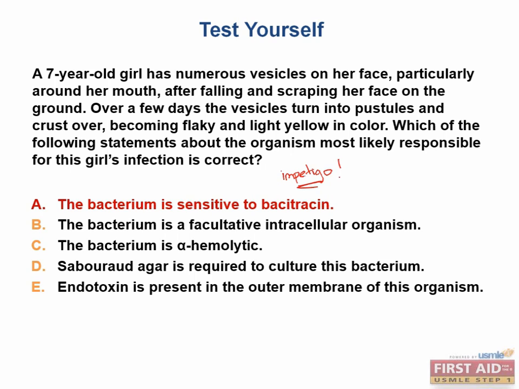Impetigo is characterized by an eruption of vesicles on the face. These vesicles later turn into pustules with a characteristic honey-colored crust, which is described as yellow in color here. A distinctly bullous form of impetigo is caused by Staph aureus infection.